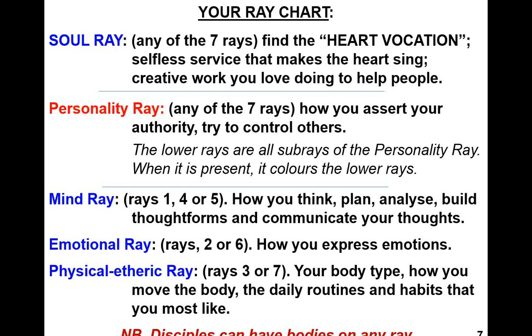And so we have these three bodies, three rays that all of humanity are working on and expressing through in some way or another. As we start to become more self-centered, more integrated as a personality, stronger, as our mind starts to control and take over, and it gets stronger than the emotional body, then the personality ray starts to develop.